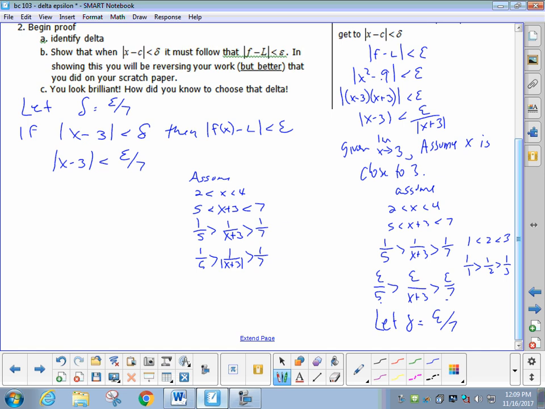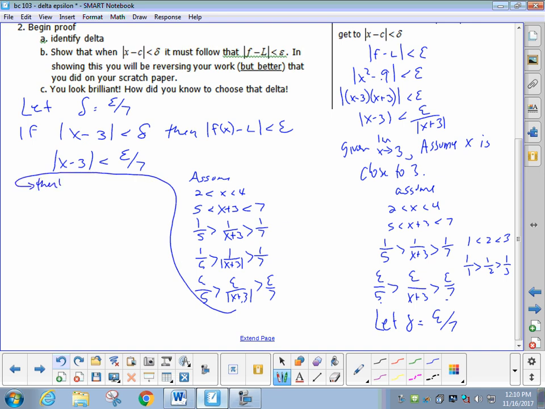All right? Epsilon over 5 is greater than epsilon over the absolute value of x plus 3, which is greater than epsilon over 7. Now here's where we come back to our main proof. After that, I could say, boom. Oh, I wish I wouldn't have drawn that arrow that way.